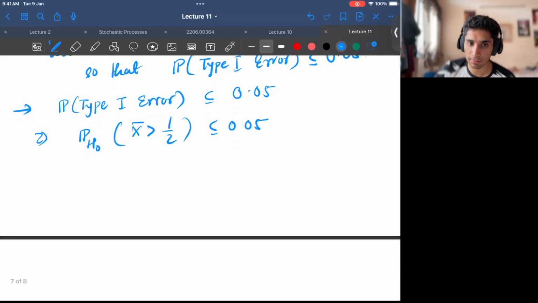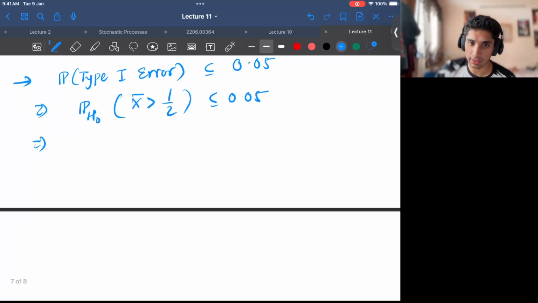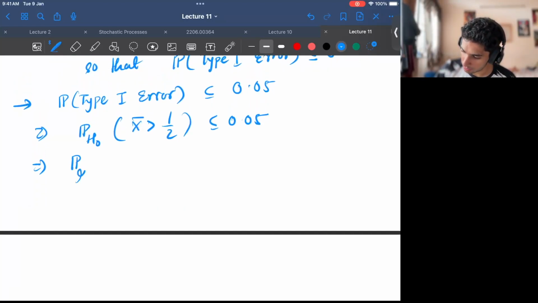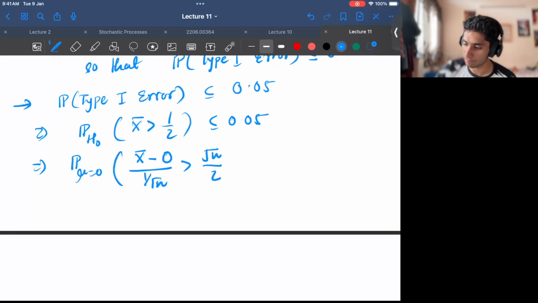This implies that probability under mu equal to 0, because that was your null hypothesis, of x bar minus 0 by, what is the variance? 1 by n, right? So 1 by root n. This thing should be greater than root n by 2, just multiplying both sides by root n. That's all. This has to be less than or equal to 0.05.